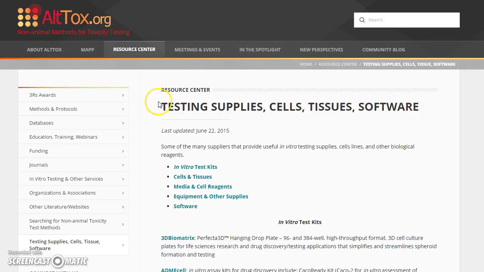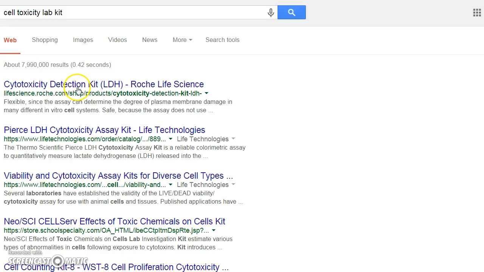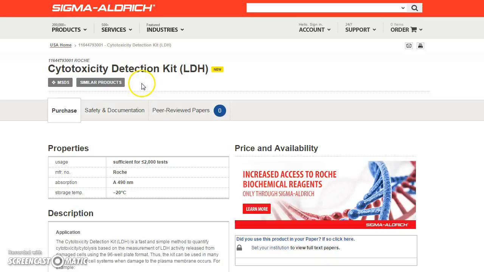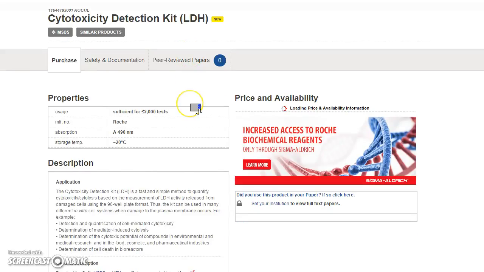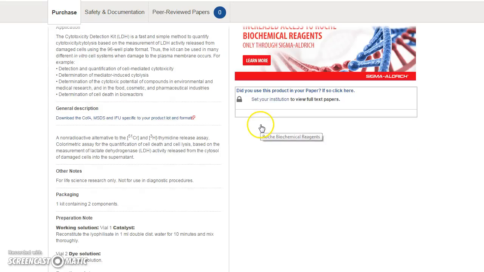See if you can actually buy a lab that you can do at home where you can experiment. Maybe they have something available. See, cytotoxicity detection kit. Let's see what this is. Ooh, this is expensive. This is why I was saying before, some stuff may require a lot of money.